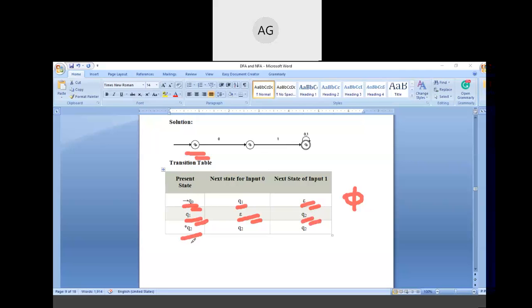Now on the Q2 state, as you can see here, 0 and 1 is also there. So on getting input 0, we move to Q2 state. Also on getting input 1, we move to Q2 state. So that's how we can fill the entries in the transition table from the transition diagram. So just remember how we can fill the entries of the transition table.